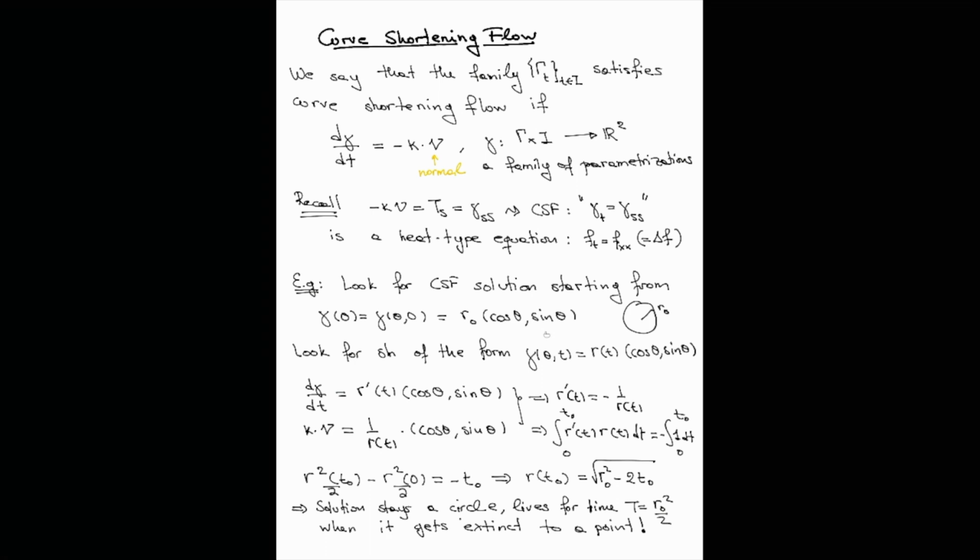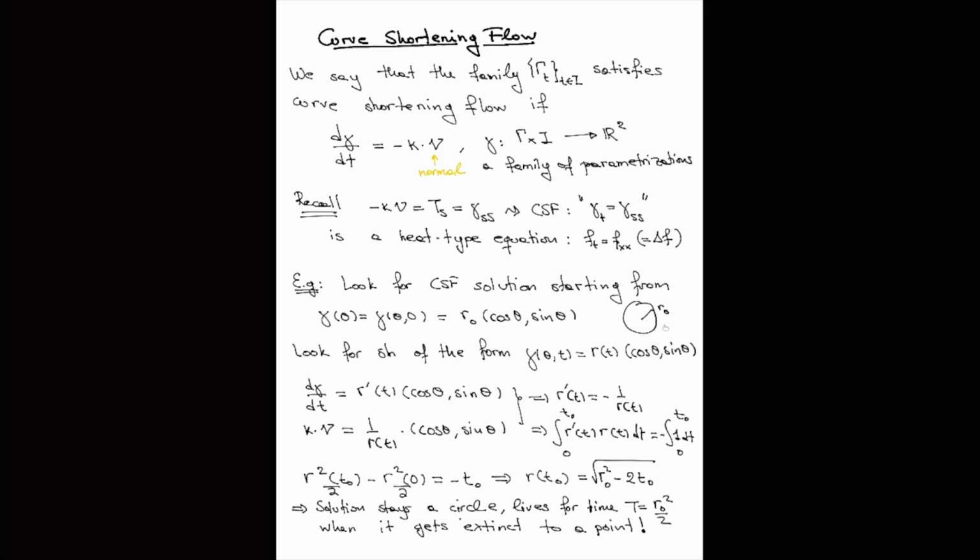A good guess would be to try to preserve the symmetries. Here I have a curve which is rotationally symmetric, that's the circle. So I will try to find a family of curves which is also rotationally symmetric, in particular circles. So I'm looking for a solution of the form gamma(theta, t) equals r(t) times (cosine theta, sine theta).